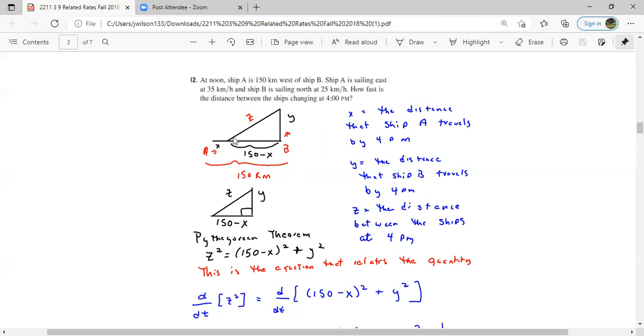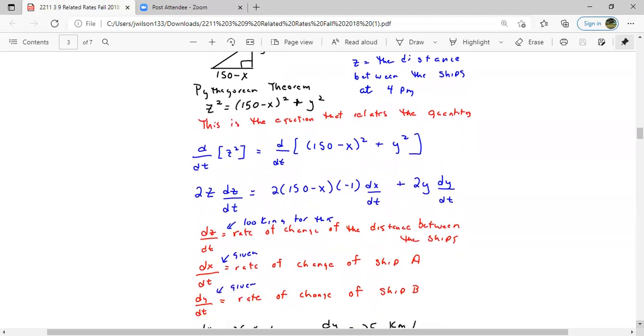In this case, this side is 150 minus x, this side is y, and this side is z. So I put it into the Pythagorean theorem, and this is the equation that relates the quantities x, y, and z. Now I'm going to use implicit differentiation to find the derivative of the left-hand side and the derivative of the right-hand side.